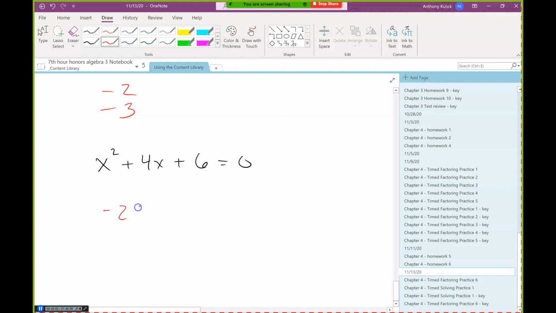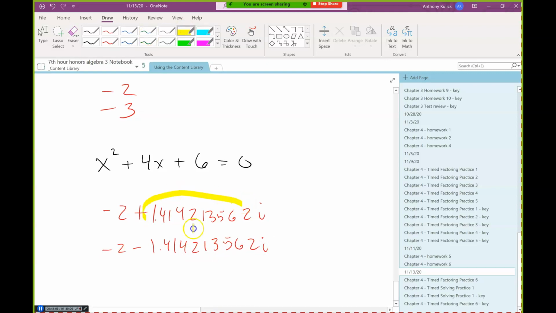When you do that, well, what is this number, really? Does anybody recognize the specific square root it is? It is the square root of 2.